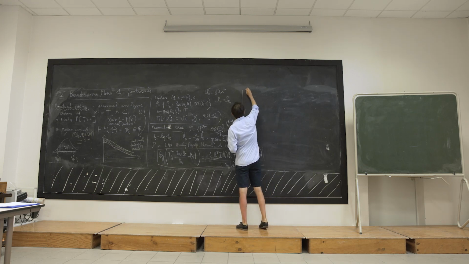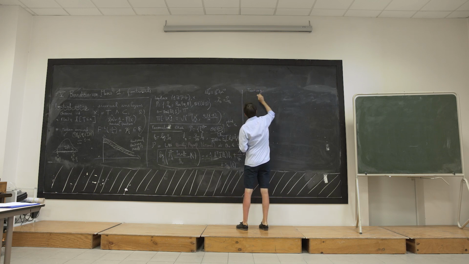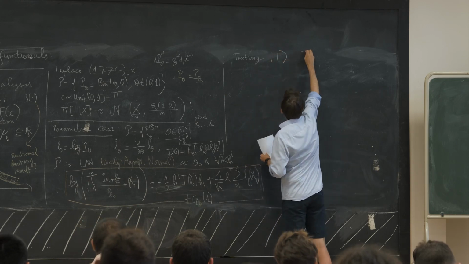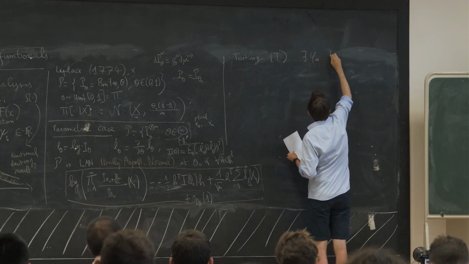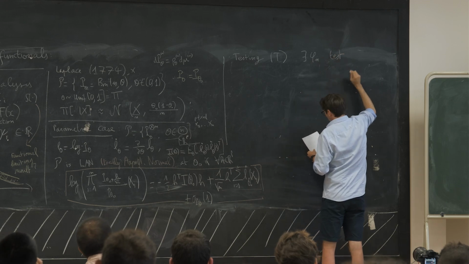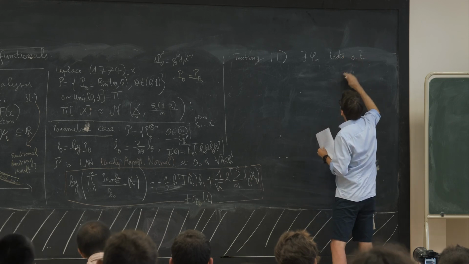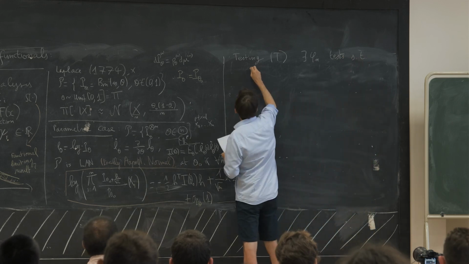And to state the parametric BvM, I'll just add a few quite mild conditions. So one is a testing condition T, which will probably look familiar. Actually, it's a much easier condition to state and to verify than what we had last week, where we were dealing with nonparametrics.